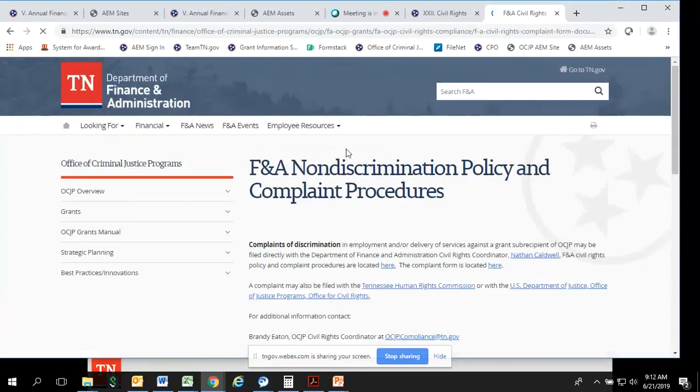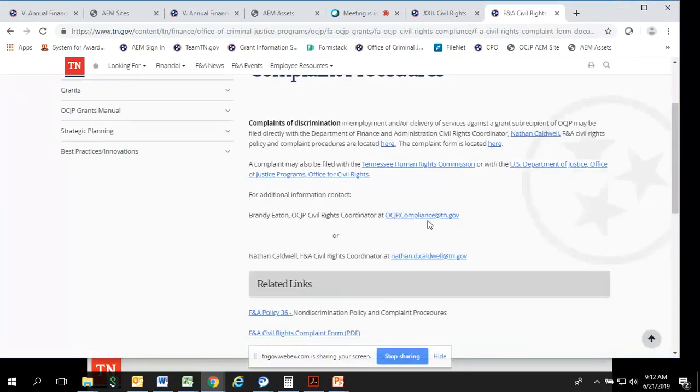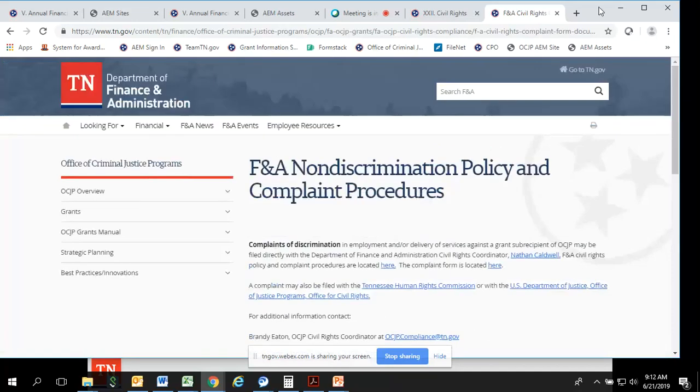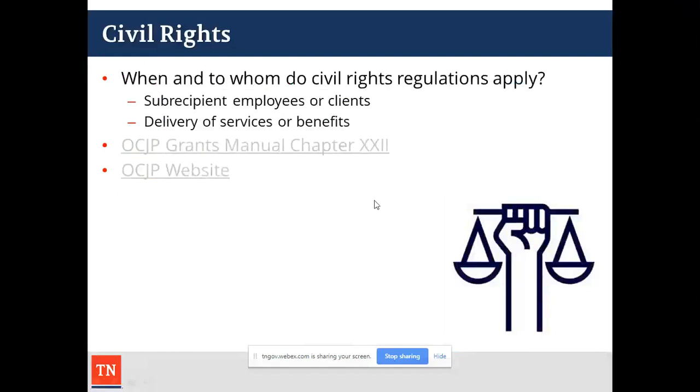And if you click on the complaint, you can also see there are two contacts. I am the OCJP Civil Rights Coordinator, and here is the email address to contact us about any civil rights issues. And there's also an F&A Civil Rights Coordinator, and that's Nathan Caldwell, and he's at this email link. And then there's also the policies right here and other resources. So if you have any questions, you can consult those.